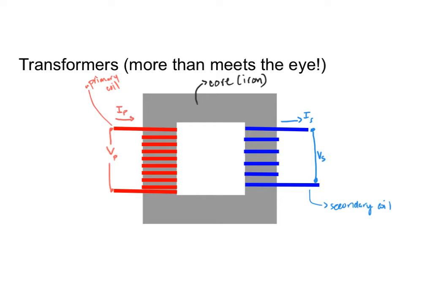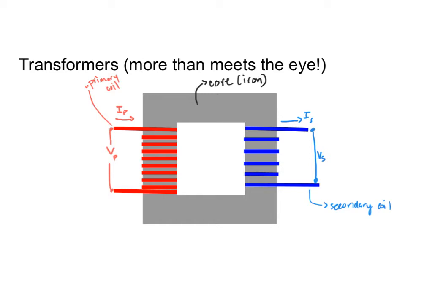So guys, what's essentially happening here is we are going to have an alternating current being supplied to our primary coil. And because that coil has a current running through it due to the alternating current, it is going to generate a magnetic field. And that magnetic field is going to change since our current is also changing. As a result, the magnetic field in the core is also going to change.